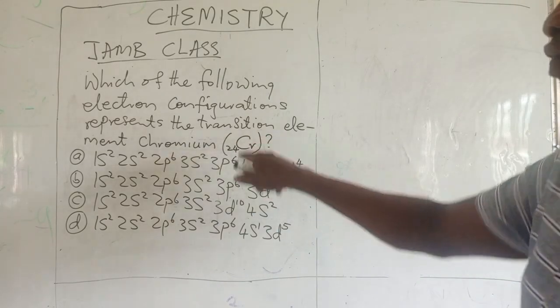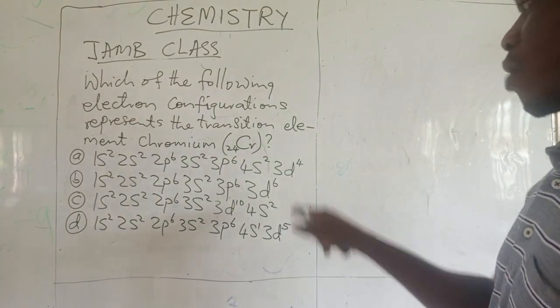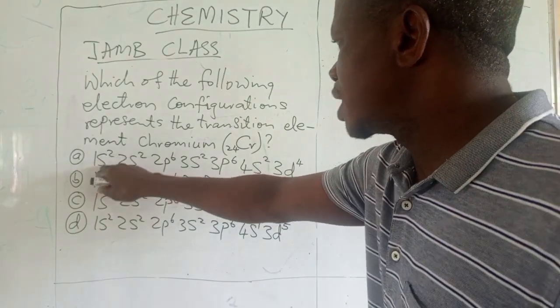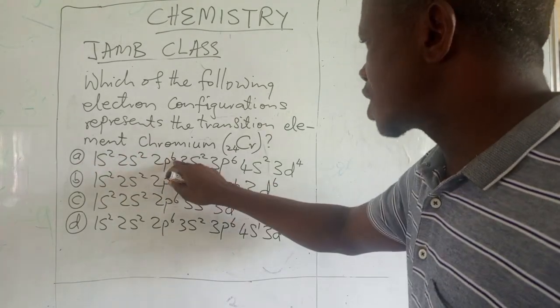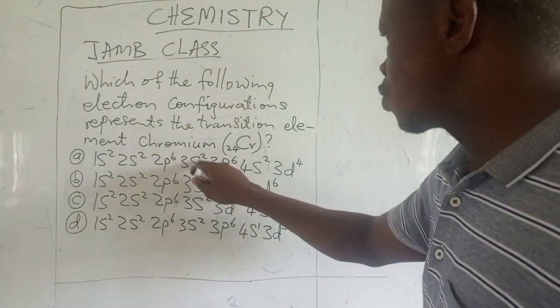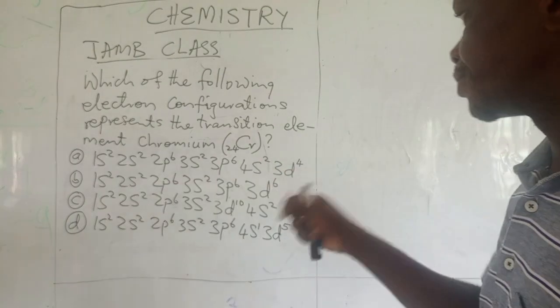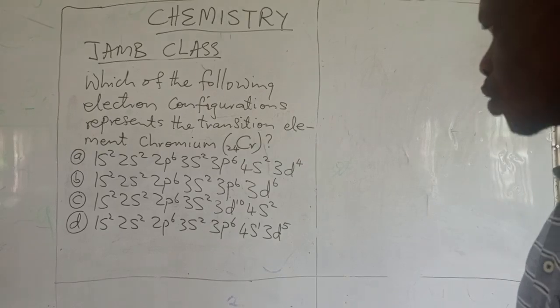So the number for chromium here is what? 24. So you add 2 electrons in this orbital, 2 in this orbital, 6 in this orbital, 2 here, 6 here, 2 here, 4 here.